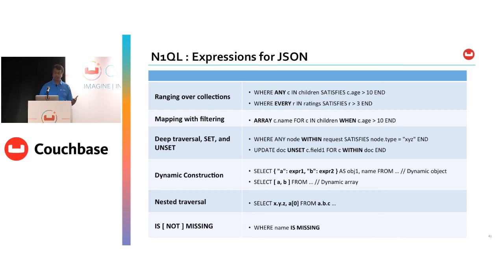And you can have a mapping of multiple values within an array for an expression using the ARRAY expression, and WITHIN gives you the ability to traverse through the array to find out if any element within that substructure satisfies your predicate. And you can construct these JSON literals and arrays dynamically, and you can traverse them as well.